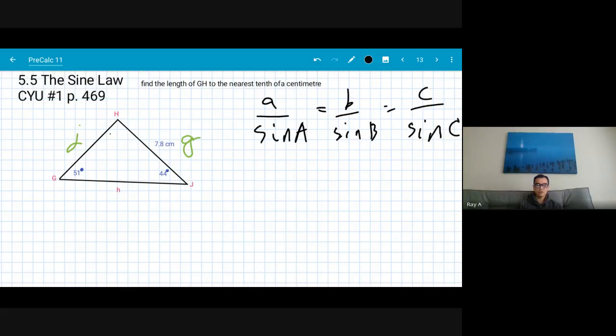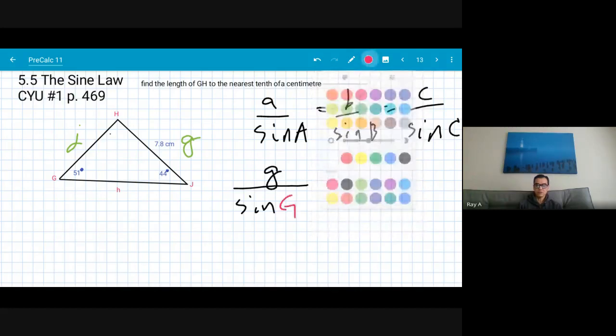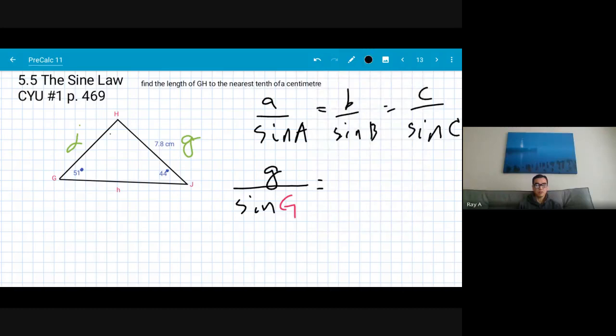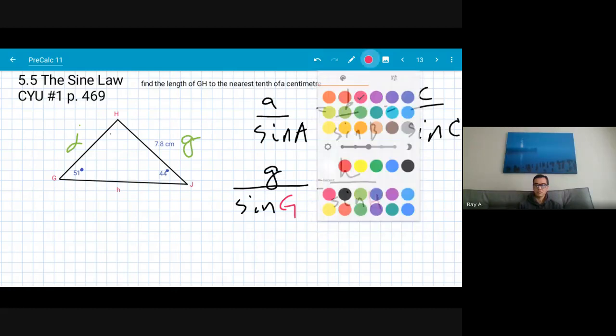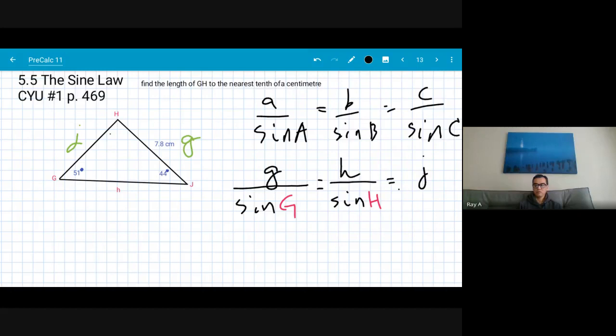Let's say my A is G. So that would be little g over sine of g, equal to little h over sine of h, and then equal to little j over sine of j.